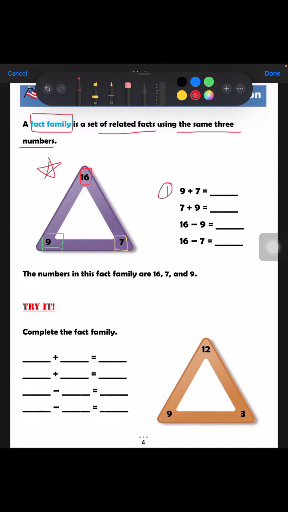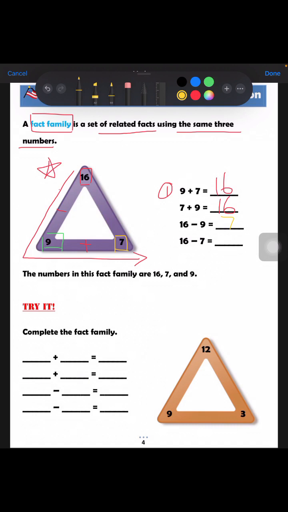9 plus 7. In the fact family, we know that 9 plus 7 equals 16. And then 7 plus 9 is also 16. Next, 16 minus 9. We know that 16 minus 9 equals 7.